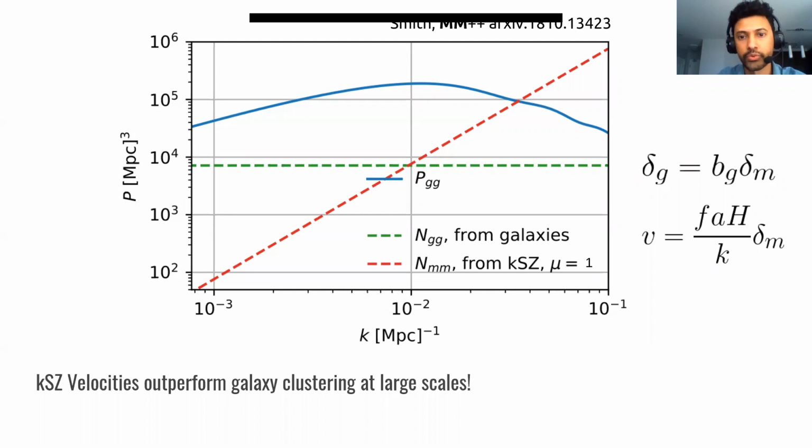But if you look at the reconstruction noise that you get from the CMB inferred cosmic velocity reconstruction, then because of this 1/k factor in the way the velocities relate to the underlying density modes, this beautiful fact comes out of it: if you use kSZ to reconstruct the underlying cosmic velocity modes, then you're really getting a reconstruction of the largest scales in the universe with a noise that's much lower than what you would have seen if you just used the galaxy survey alone.